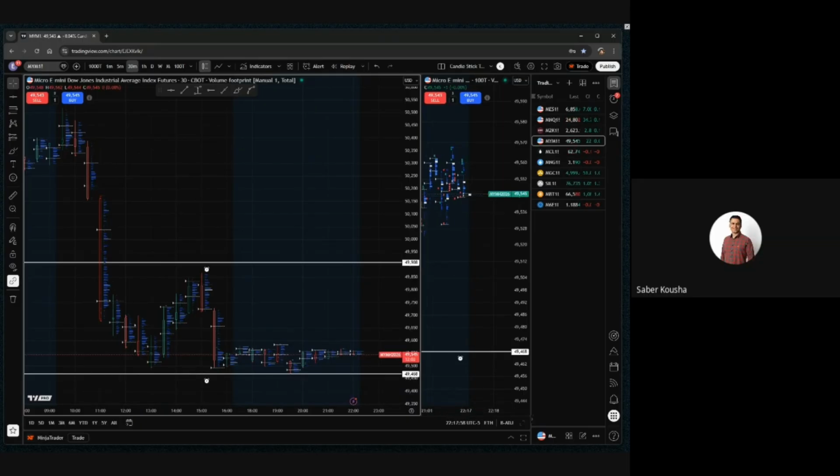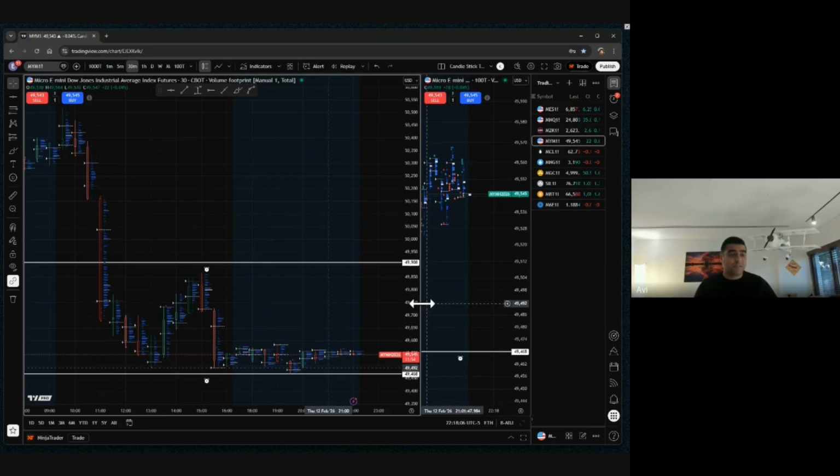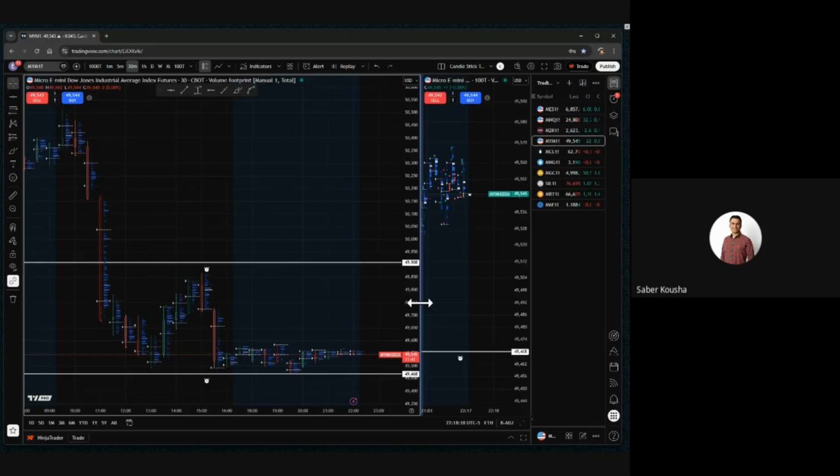Okay, just in case it breaks down, are you waiting for the retest again with the footprint chart? Yeah. But again, it's a different kind of way of reading the retest, right? I'm not waiting for a 1-minute candle to go and reject and print a bearish candle, then the new low, and that's your entry. That's all the 1-minute chart stuff. I'm not doing that.